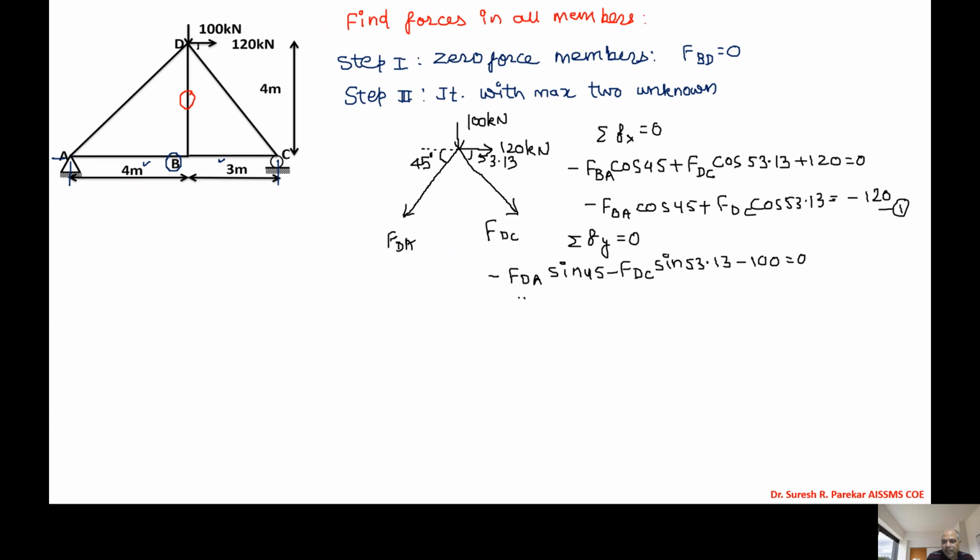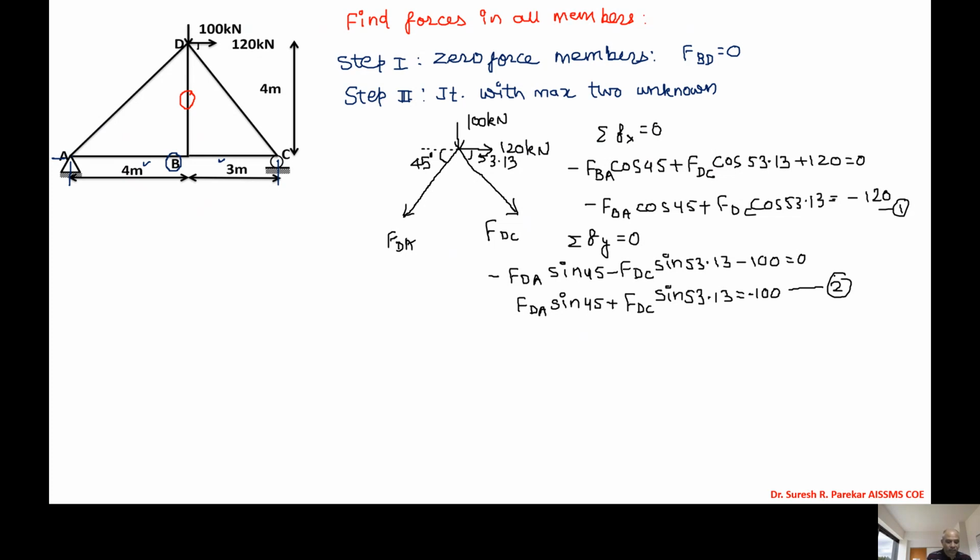Then we get FDA sine 45 plus FDC sine 53.13 equal to 100 minus 100. This is equation 2. If we solve these two equations, we will get both unknowns.